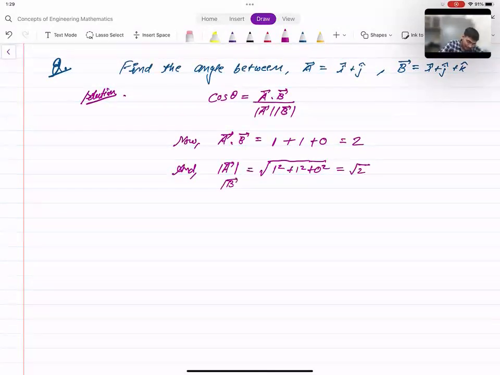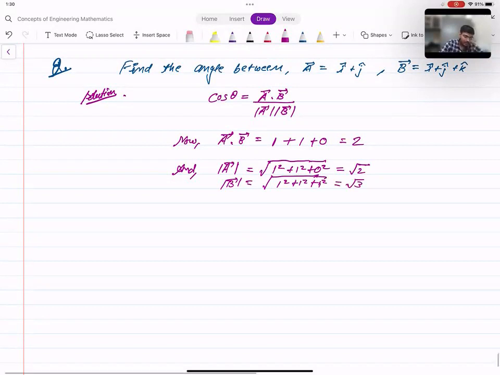The magnitude of vector B is the square root of 1 square plus 1 square plus 1 square, which is root 3. So cos theta will be 2 by root 2 into root 3.